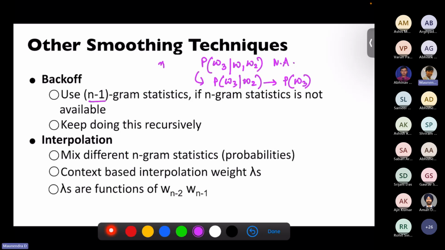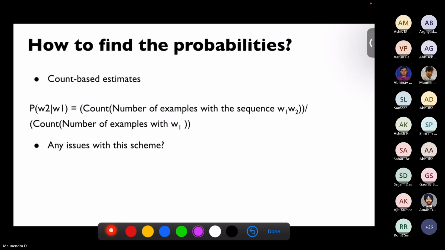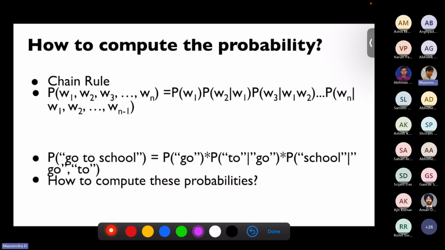And then the other suggestion is that you can use interpolation, where you mix different n-gram statistics. So for this trigram, we said that W3 given W1, W2. If that is not there, you use W3 given W2. If that is not there, you use W3, right? So in interpolation, what they say is that suppose you are using the trigram stats, the remaining part you are ignoring.